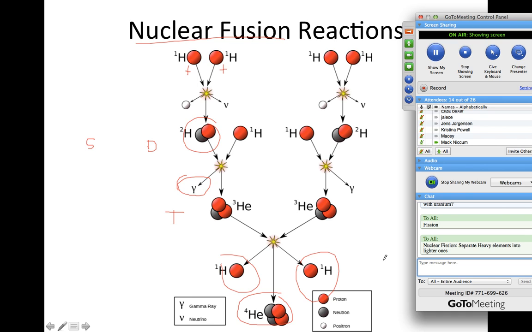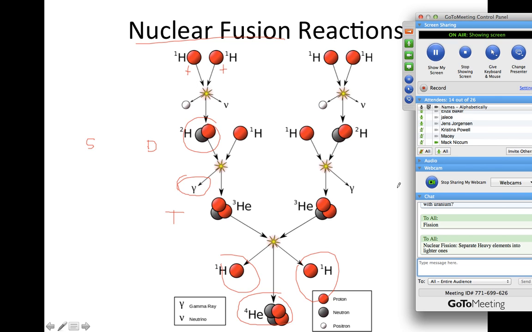And in that separation, when the nucleus separates, remember what holds the nucleus together? What force is it that we talk about that holds the nucleus of an atom together? What was it? Anyone remember?